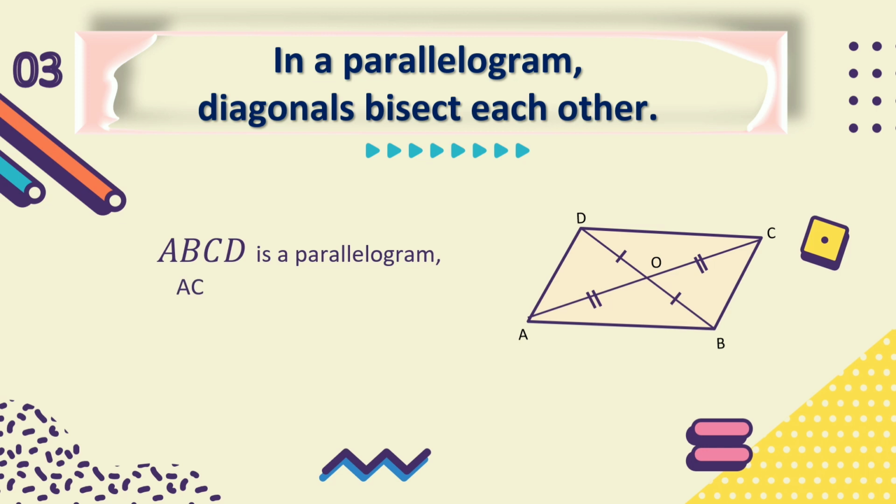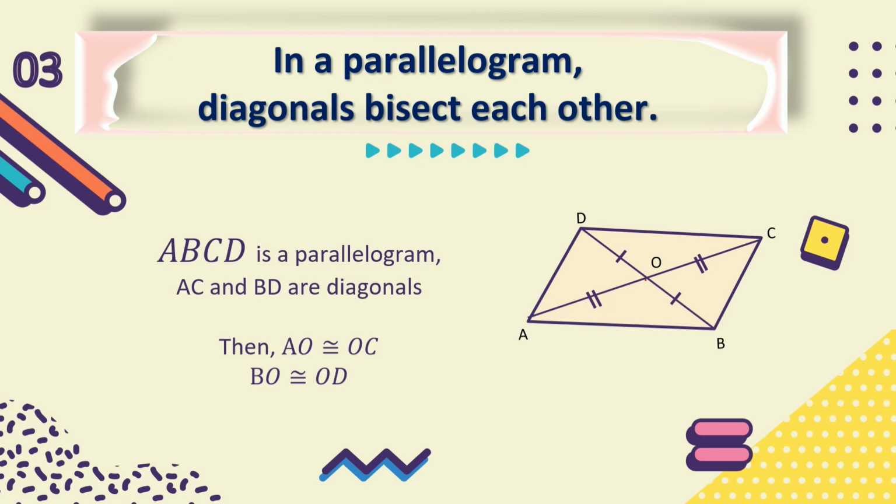Over here the diagonals AC and BD are the diagonals. The diagonals bisect each other, that means they divide it in equal parts. So they are intersecting at a point O. So AO is congruent to OC and BO is congruent to OD. Okay, so the diagonals bisect each other, that means they divide them into equal parts.